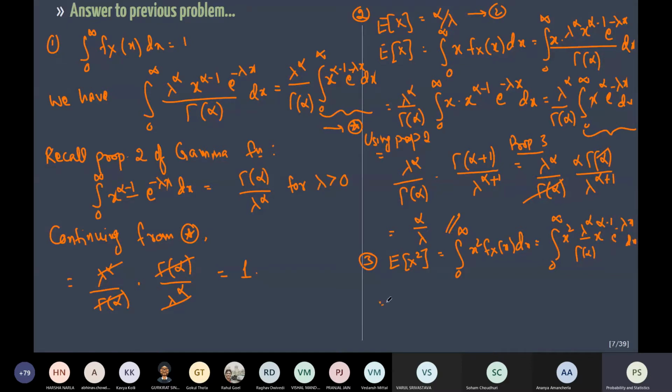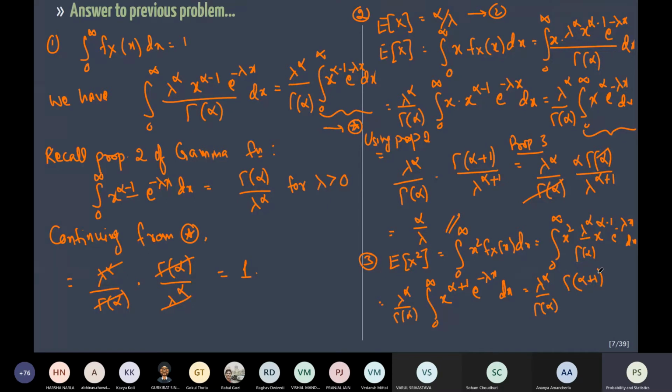So how much will this come out to be? If we do simplifications, what we have here is the integral from 0 to infinity of x to the alpha plus 1 e to the minus lambda x dx, times lambda alpha by gamma alpha, and this gives gamma alpha plus 1 by lambda alpha plus 1.